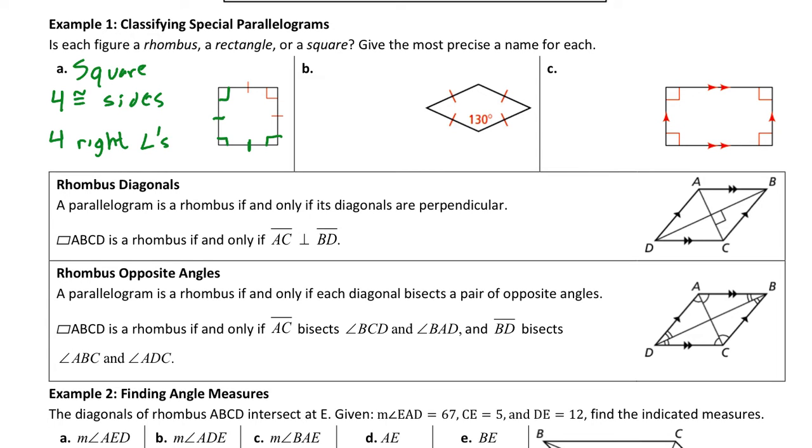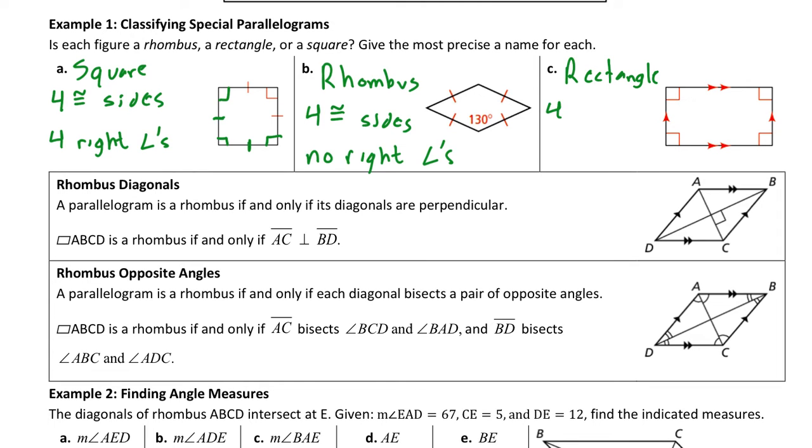In part B, this shape is just a rhombus. It has four congruent sides, but no right angles. So it's just a rhombus. In part C, this shape is just a rectangle.